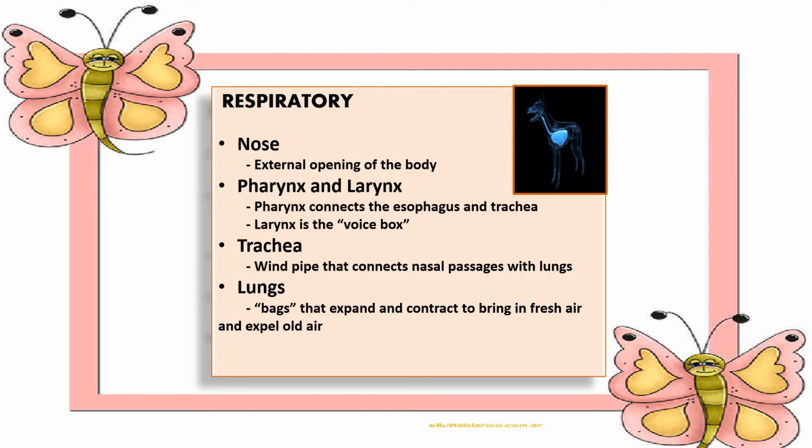Now the trachea is the windpipe that connects the nasal passages with the lungs. Then the lungs are the bags that expand and contract to bring in fresh air and expel old air. So when you inhale and exhale, your diaphragm is also expanding.